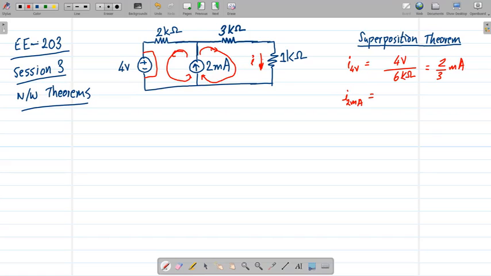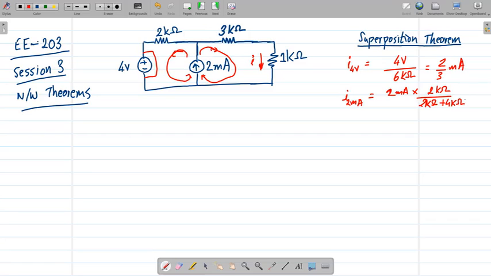Okay. So what is the current in the 4 kilo ohm branch? It's going to be 2 milliamps into 2 kilo ohms by 2 kilo ohms plus 4 kilo ohms, right? 4 is coming from 3 plus 1.